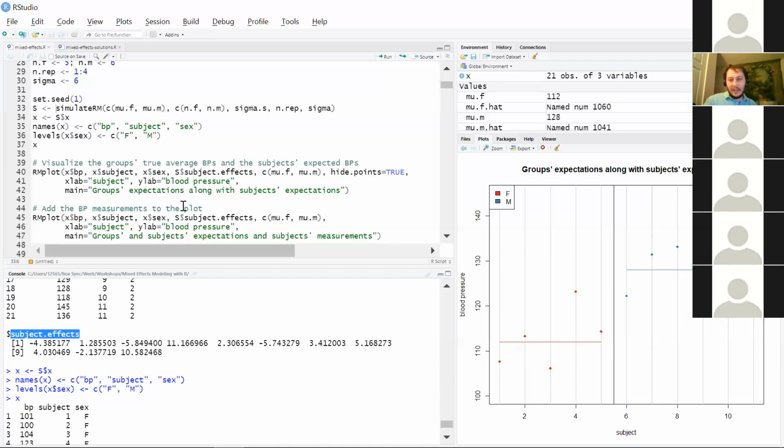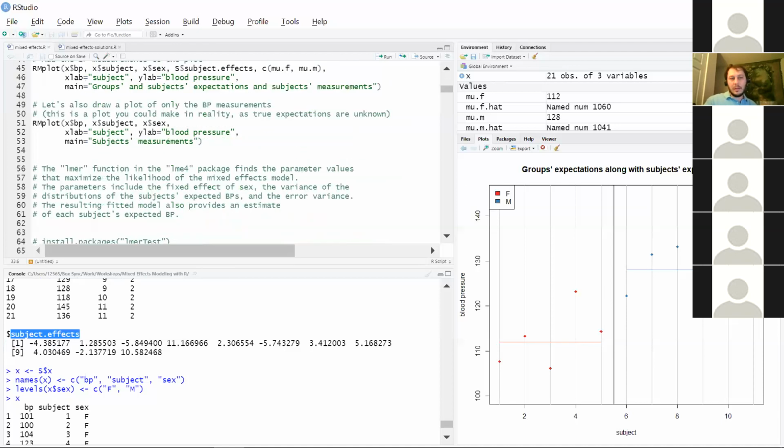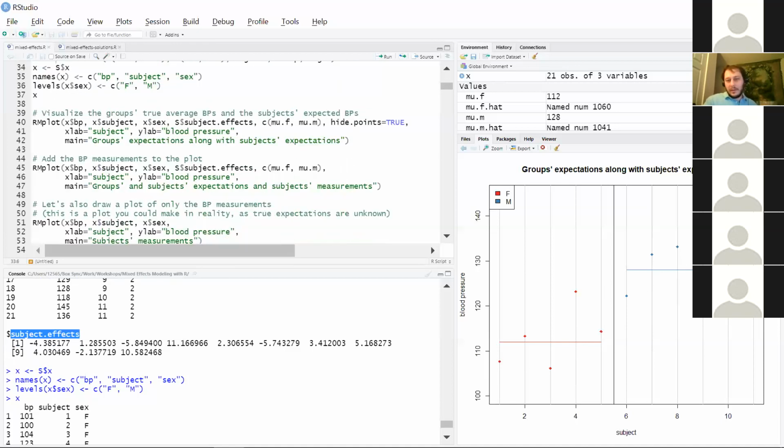That's how I know these individuals' true expectations, because simulate RM generated them and sent them back along with the data set. All right, so here are the group expectations. Here are the individuals' expected blood pressures. And this is all pre-data.